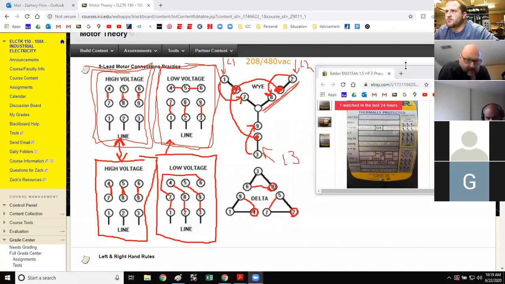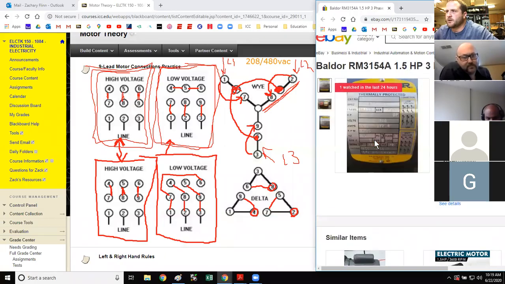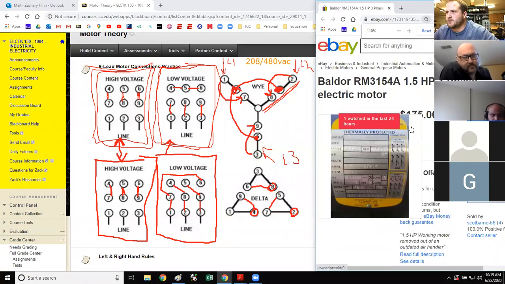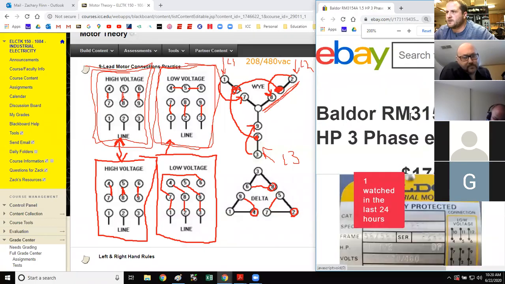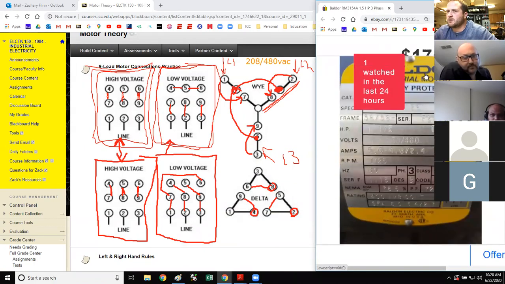All right, so I pulled up this picture of this motor nameplate. Let's see if we can, you guys see the drawings over here on the right that say low voltage and high voltage? Oh, that's 12 lead. Crap. Hang on.